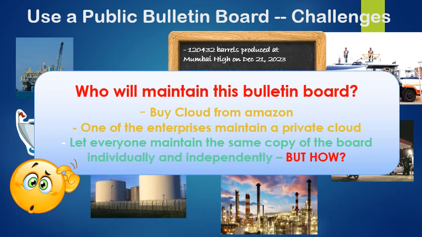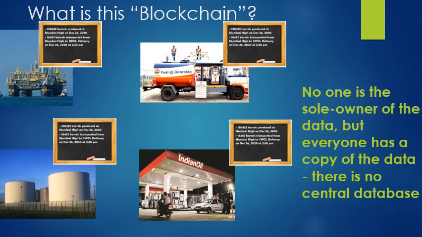The next question is how I am going to enforce this. No one is the sole owner of the data, but everyone has a copy of the data. So there is no central database, but I have to ensure that everyone holds exactly the same copy of data at the same instant of time.